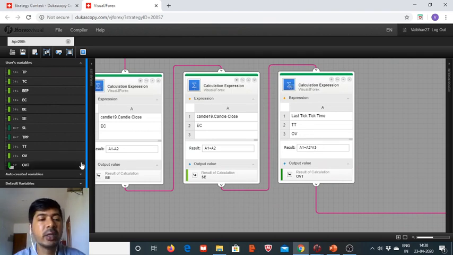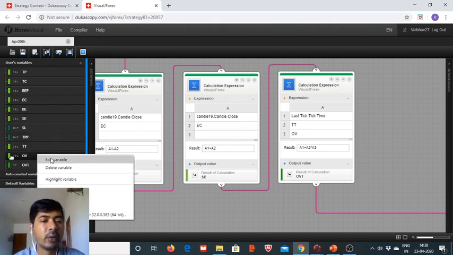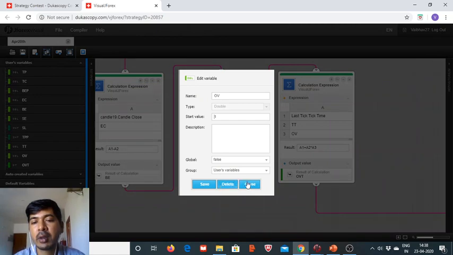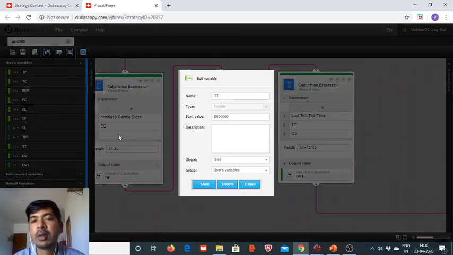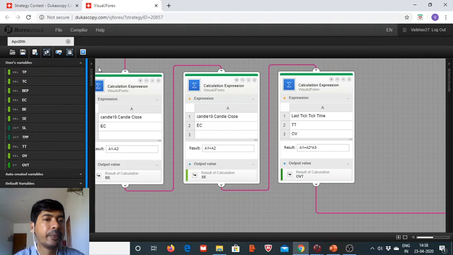You can change it, but we are going to work with an order validity of 1 hour. So here, the tick time TT is 3.6 million. So we have done all this.